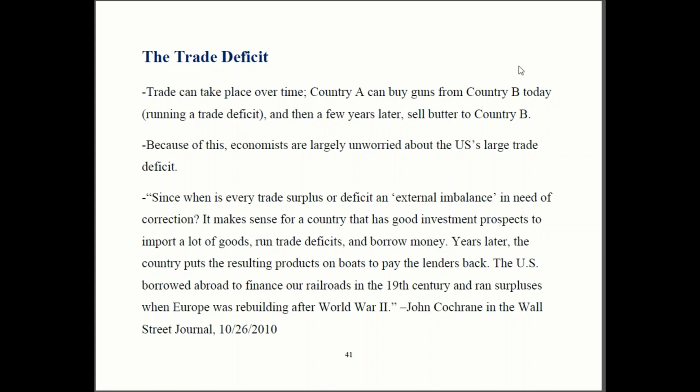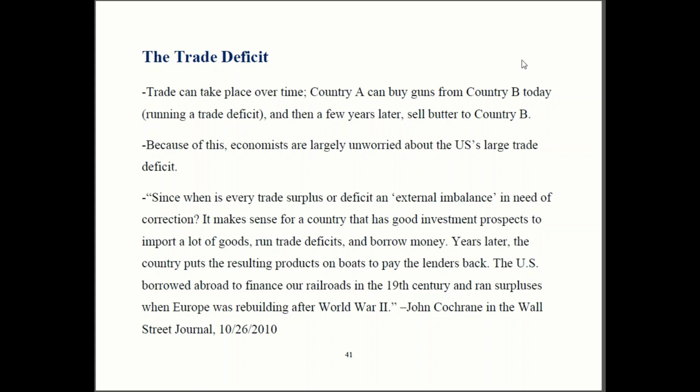Here's a quote from John Cochrane, writing in the Wall Street Journal back in 2010. Worries about the trade deficit are not peculiar to the Trump administration. Back in the Obama administration and earlier, many politicians were also aware of the trade deficit, and economists at the same time were largely unconcerned.